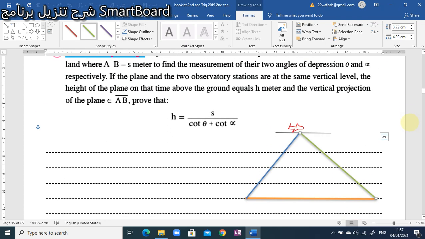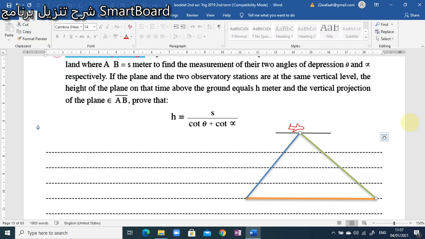So this is A and this is B, and the distance between A and B is S meter, and two angles, theta with A and alpha with B. So this alternate angle is theta and this is alpha.